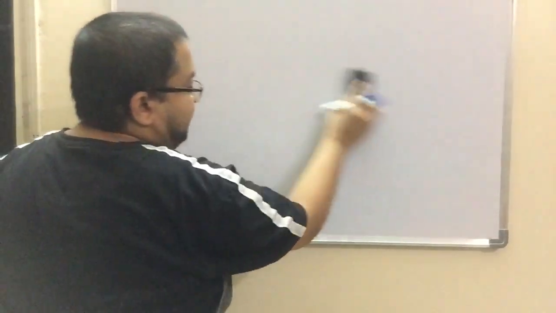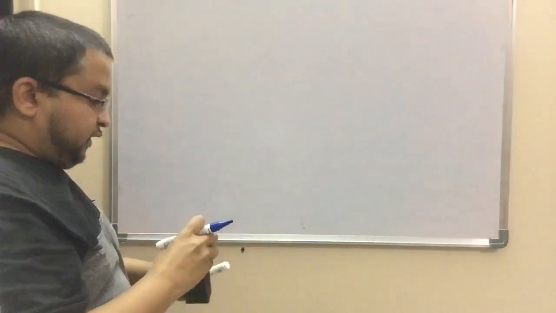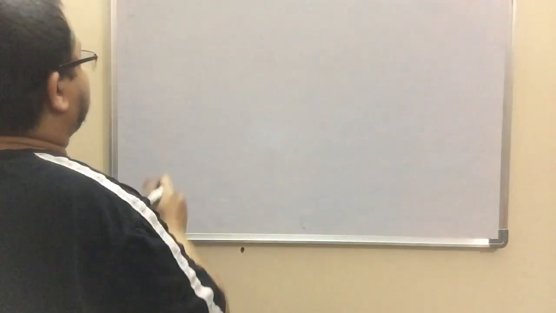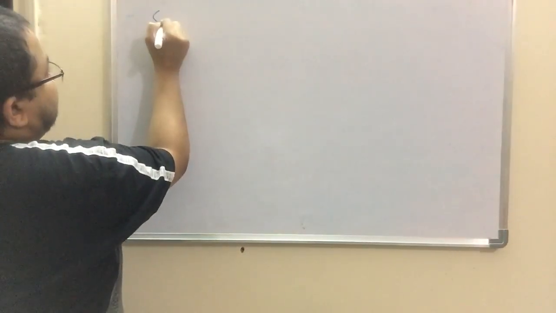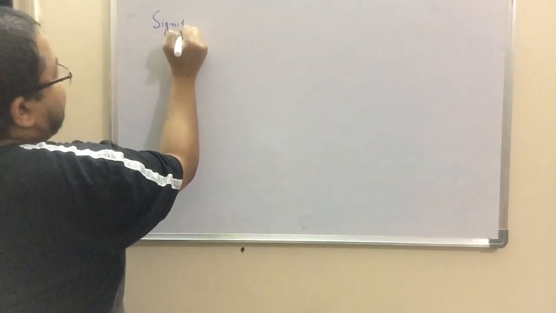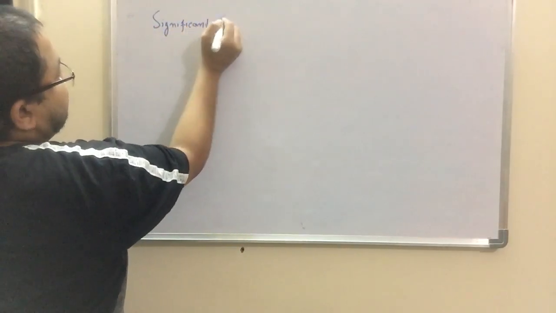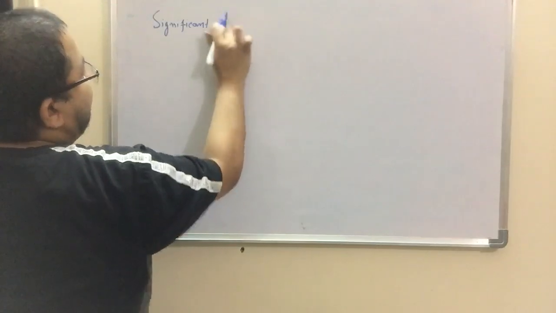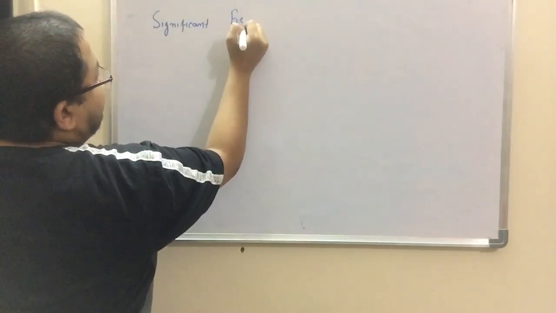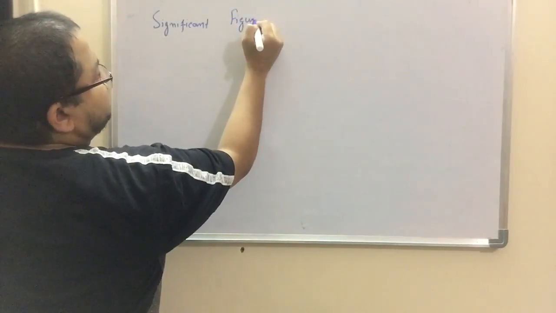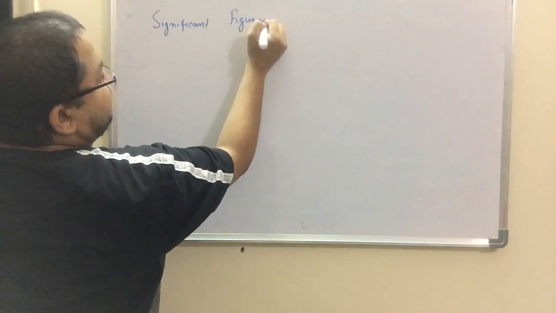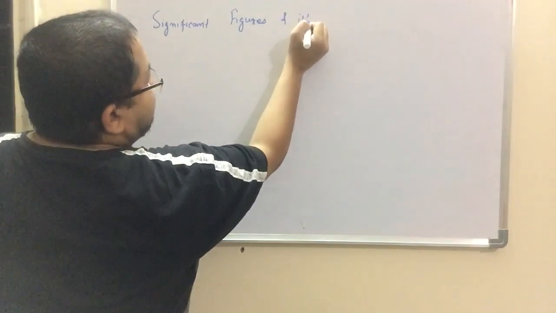Okay, and now let us move on to the last part of this first chapter, that is significant digits, or I'll say significant figures, and its arithmetic.